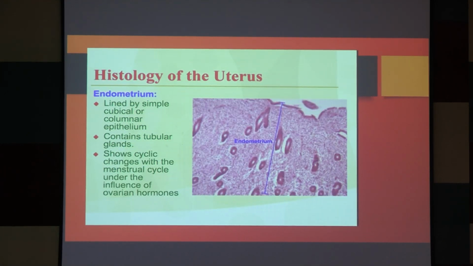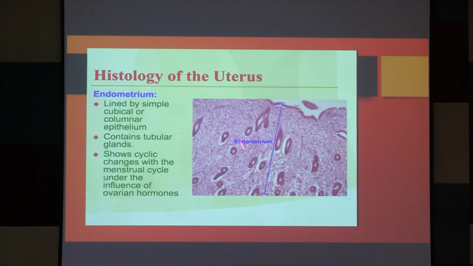Histology of the uterus. You see, the endometrium is columnar or cuboidal epithelium with straight glands, and it shows cyclical changes with the menstrual cycle. That will be taught in detail in the classes on menstruation and ovulation.